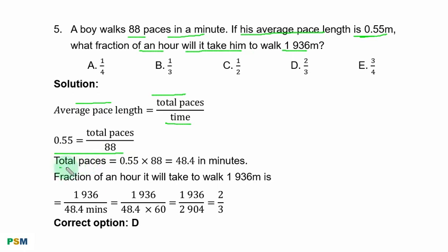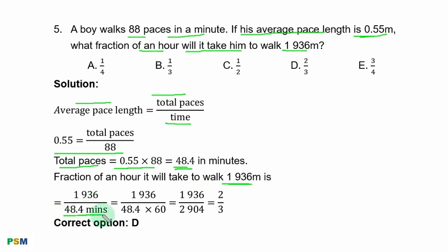So total distance is equal to 0.55 times 88. That is 48.4 in minutes. Fraction of an hour it will take to walk 1,936 meters becomes this given value divided by the total in this form.